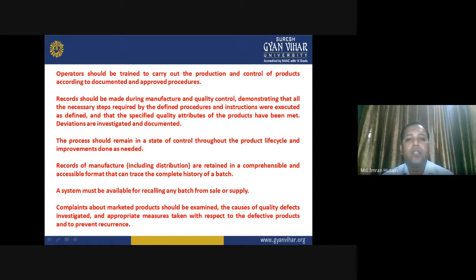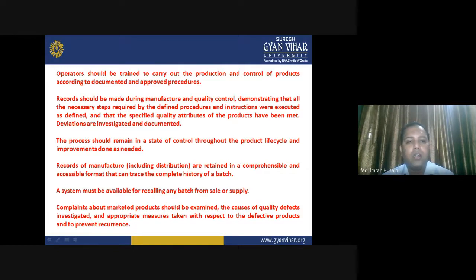Operators should be trained to carry out the production and control of the products according to the documented and approved procedures. Records should be made during manufacture and quality control, demonstrating that all necessary steps required by the defined procedures and instructions were executed as defined, and that the special quality attributes of the products have been met.